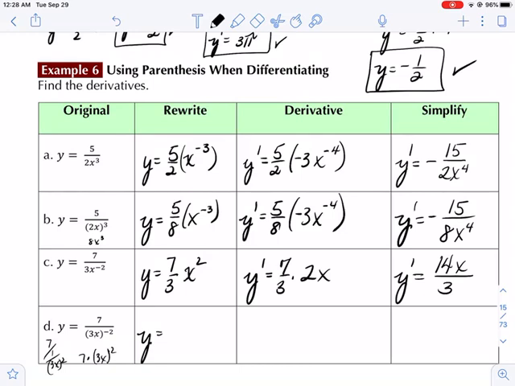So let me write that right here. 7 times 3x, the quantity squared. So this is going to be 63. That'll be 9x squared. So it'll be 63x squared. So it'll be 7 times 9x squared. So when we do the derivative here, the y prime is then going to be 126x.